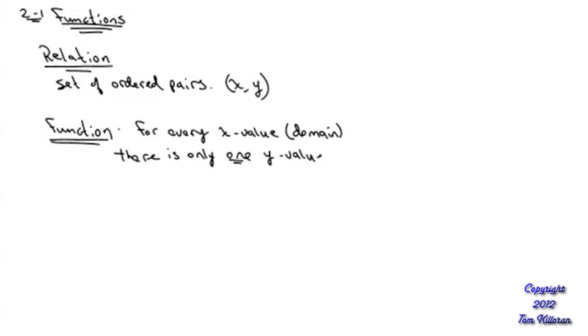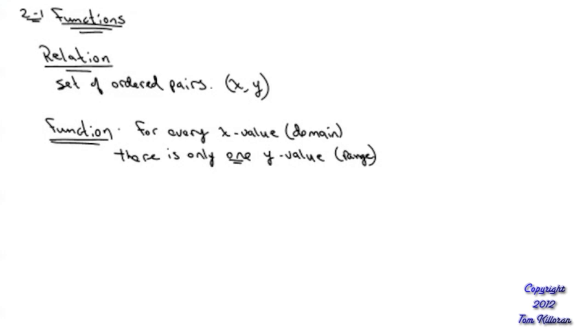And we're going to call that the range. We can also call the x value the independent variable and the y value the dependent variable. But that just gets all wordy and I don't want to get into it. So for every x, there's exactly one y.